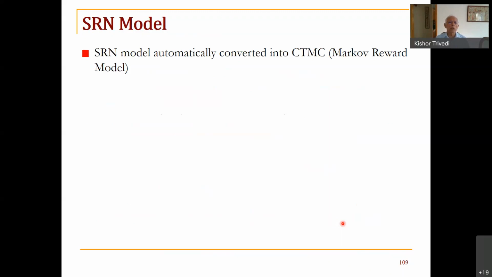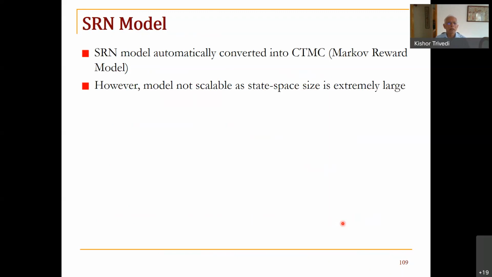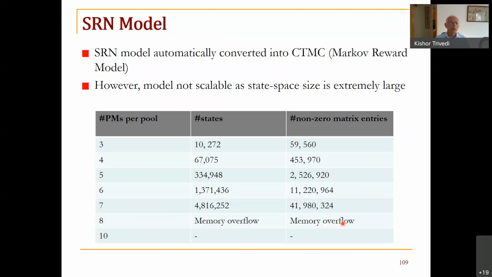So this SRN model, automatically converted into a CTMC, gives rise to the following. I've shown here the cases that we could solve. When I say 3 here, it means 3 machines in the hot pool, 3 in the warm pool, 3 in the cold pool, so overall 9 physical machines.